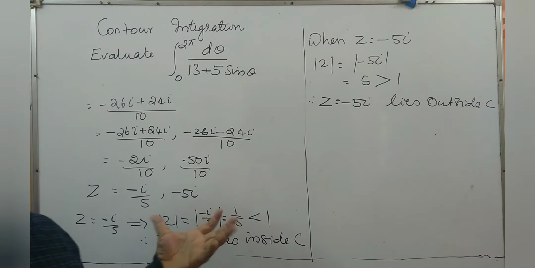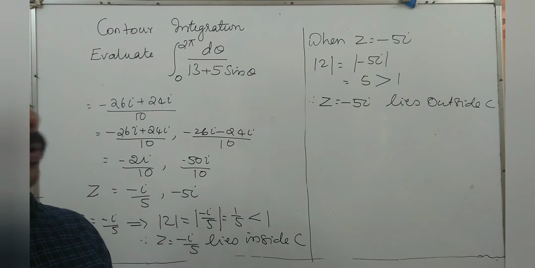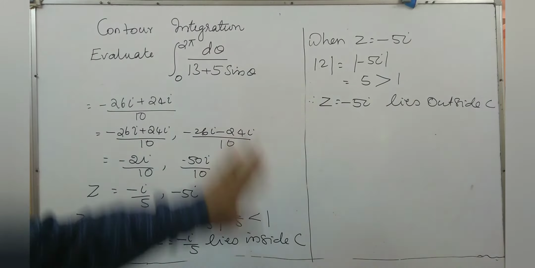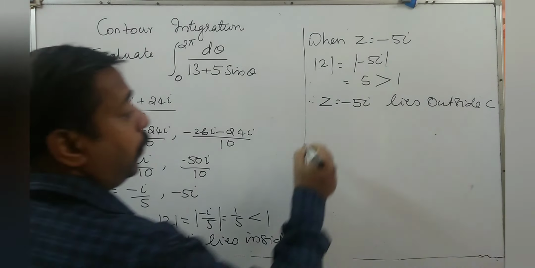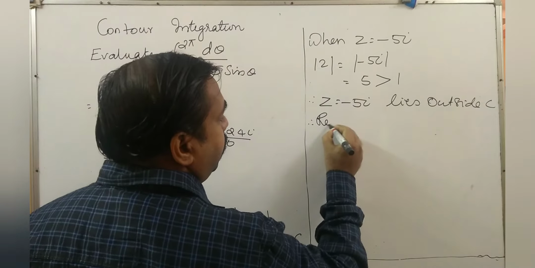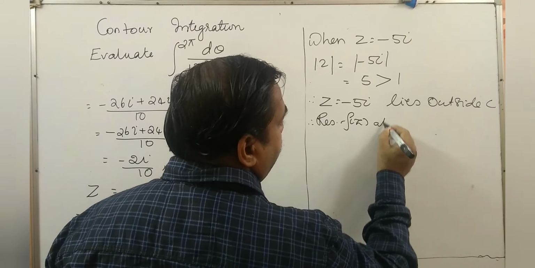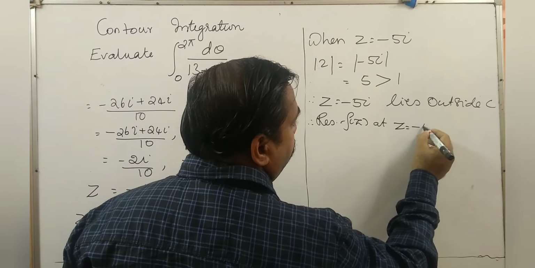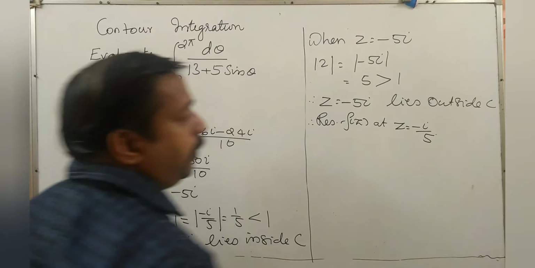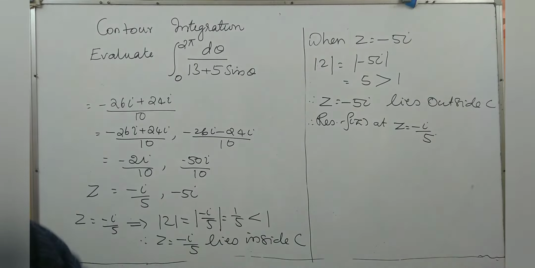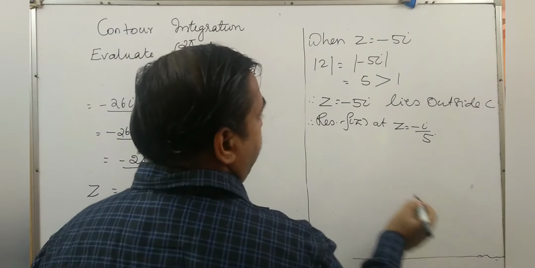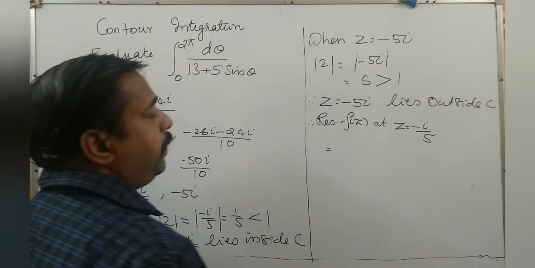So there is only one pole which lies inside C. It is a simple pole. Since it is a simple pole, we can use the differentiation technique. Therefore, the residue of f of z at z equal to minus i by 5. What is our equation?